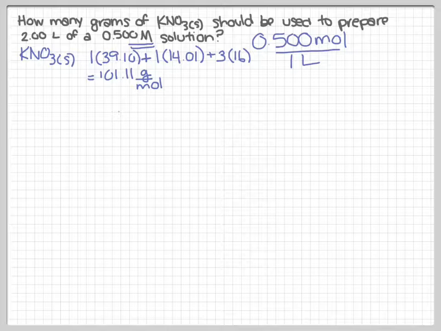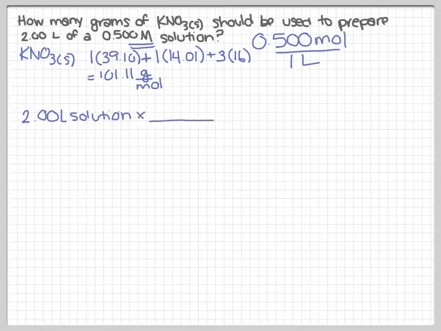All right, I have 2 conversion factors to work with. Let's see if I can put these into a dimensional analysis to get my answer. The number they gave me that's not a ratio, just a number, is 2 liters of solution. So I need to multiply by my concentration with liters, 0.5 moles per 1 liter.